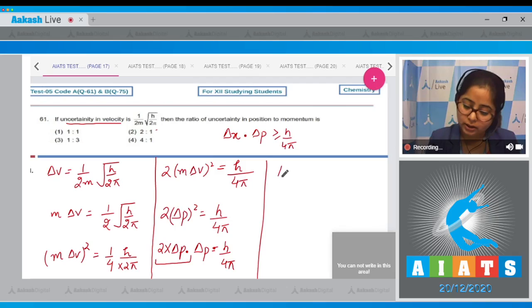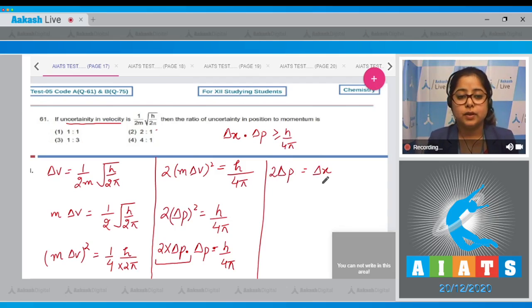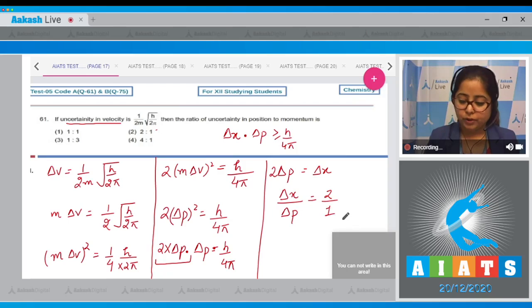That means delta p into 2 is equal to delta x. So students, that means delta x upon delta p, that is the ratio of uncertainty in position to that of momentum, is equal to 2 upon 1. That is 2 is to 1. So the correct answer is option number 2.